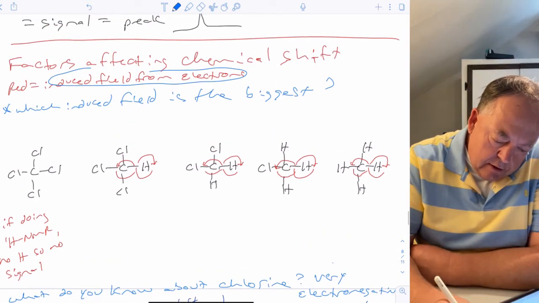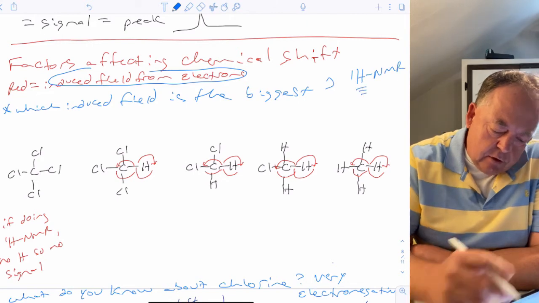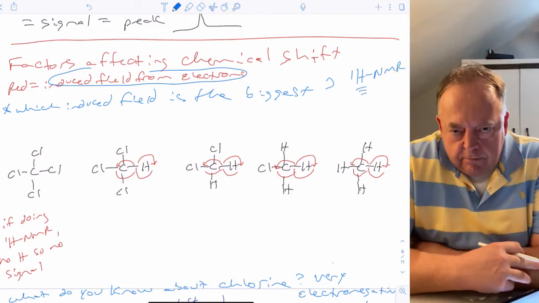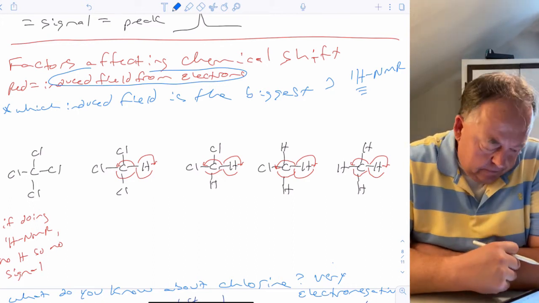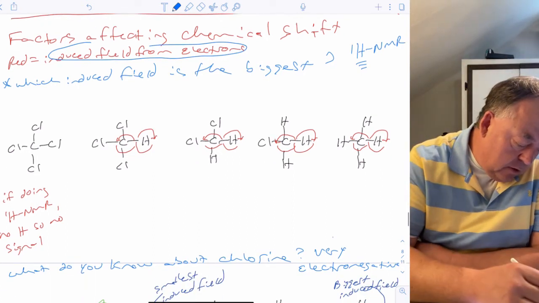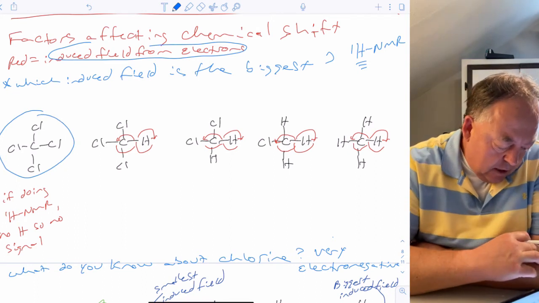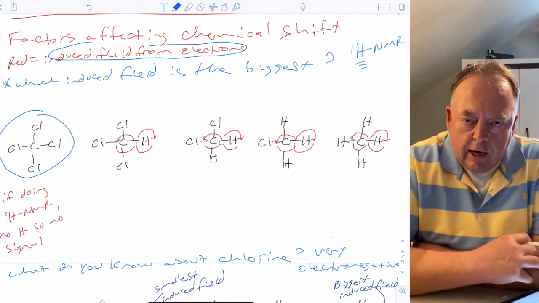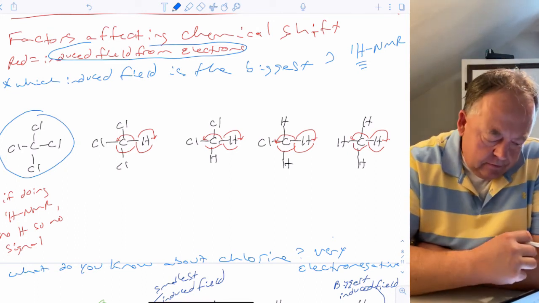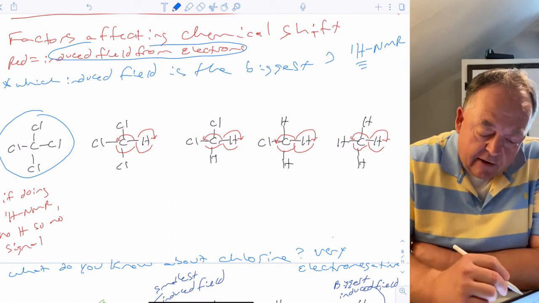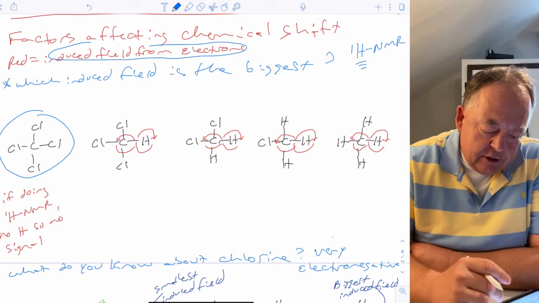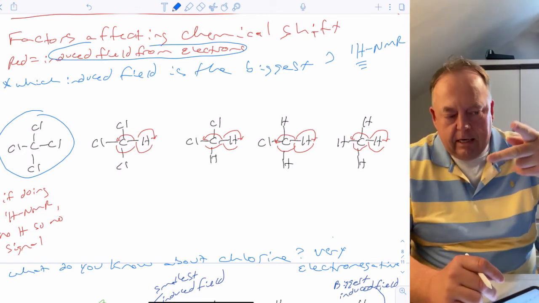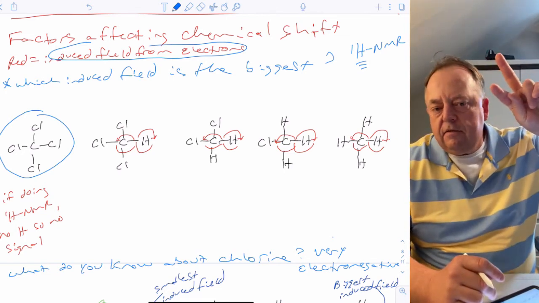So if we're doing hydrogen NMR, every single hydrogen in a molecule can do a nuclear spin flip, so you would see a signal for it. So this molecule you would not see in proton NMR because there's no protons on it. There's no hydrogen, so there's not going to be a signal. But the other 4 molecules have hydrogens, so when the radio frequency is just right, the hydrogens will do a spin flip and go from being aligned with the field to being aligned against the field.